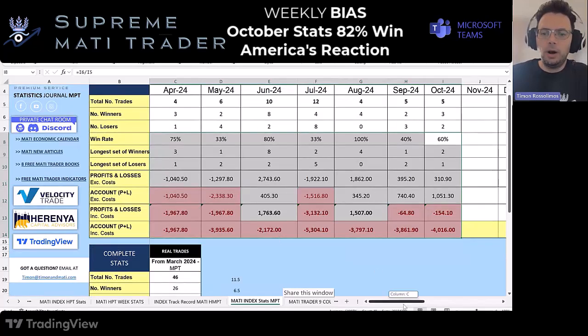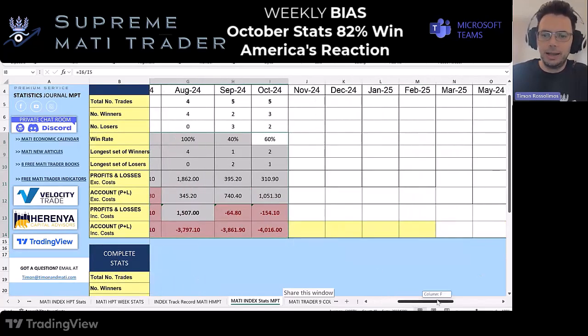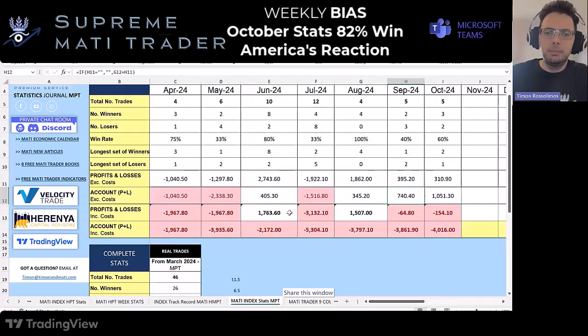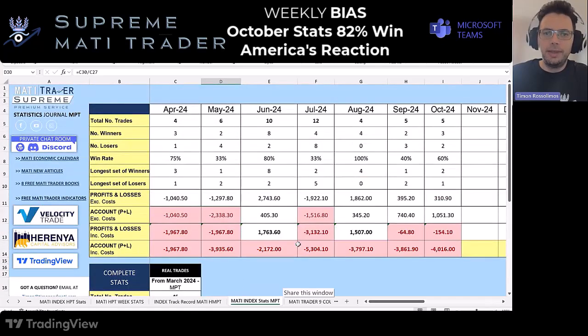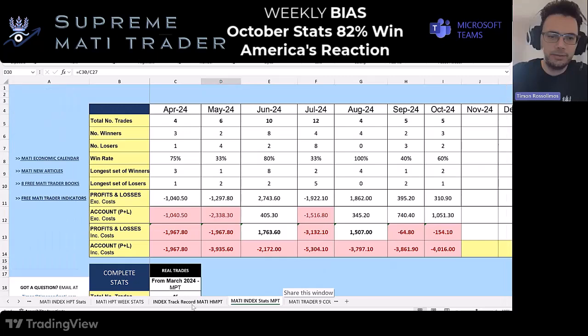I'm working on getting this to be more green like we have with HPT, but we haven't nailed it yet, okay? So you can see the return would have been -4%. That's why I say when it's a risky trade or a medium probability trade, better to leave it alone, save it for the book, save it for the track record, and let me try and improve it, right?